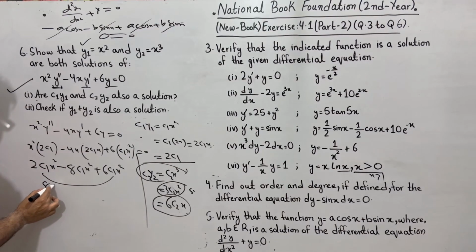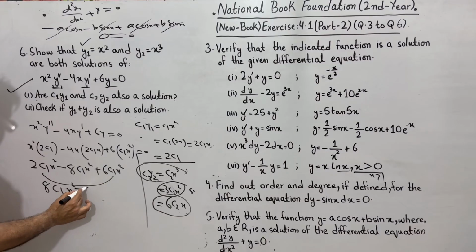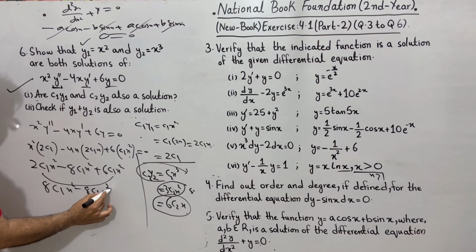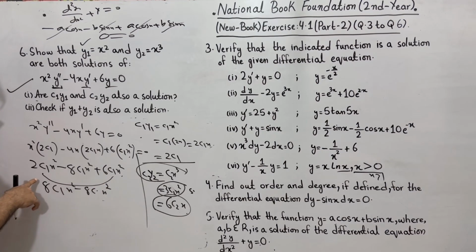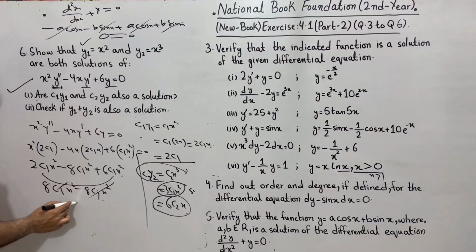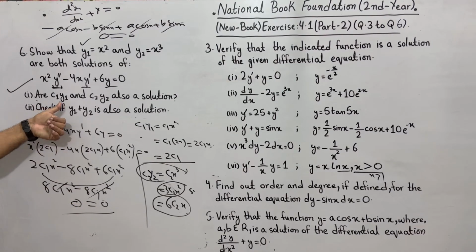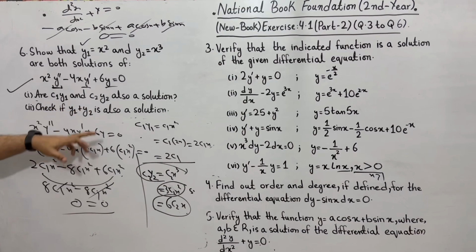It will become 8 c1 x square minus 8 c1 x square, and it is itself 8 c1. Cancelled out? Yes. Having a constant c1 or c2 makes no difference. I have verified this. Let's verify this one as well.